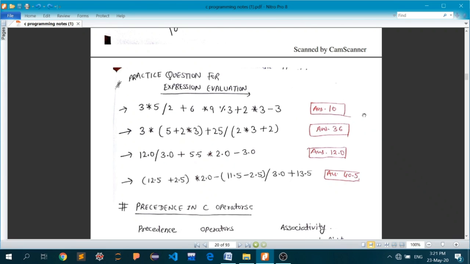So 10 is the right answer. In that way, you can solve this expression. You can solve the other expression as an exercise. Don't try to look at the answers. The result of these expressions is yielded because we have followed the order of precedence. Order of precedence is a must. Now these kinds of questions may come as a 1 mark or 2 mark question in your exam, so they are quite important.